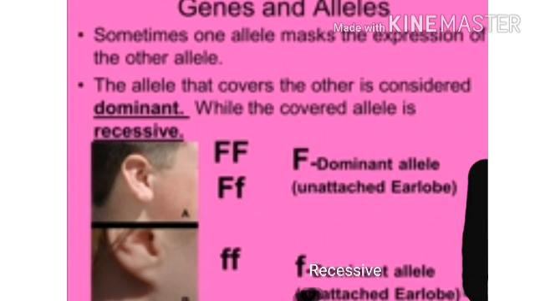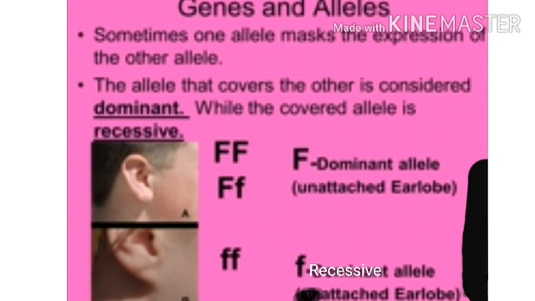This can be made clear with the example of the earlobe. The earlobe is expressed by two alleles, the capital F and the small f. Capital F is the dominant allele while small f is the recessive allele. Capital F codes for the free earlobe while small f codes for the fused earlobe.